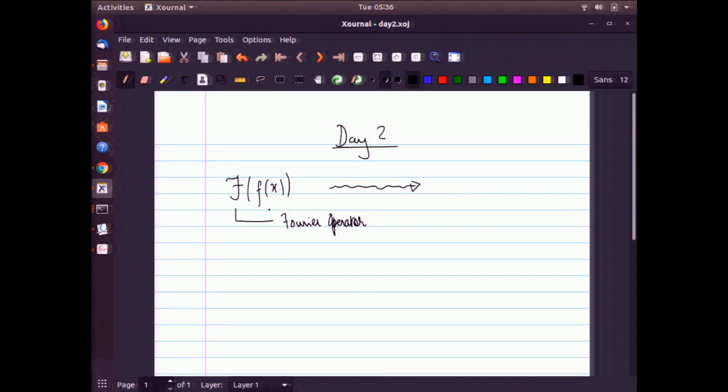So if you can represent f of x as a sum of exponentials, let's say f of x equals a sum of some coefficients times exponentials. I can't remember what notation we used.